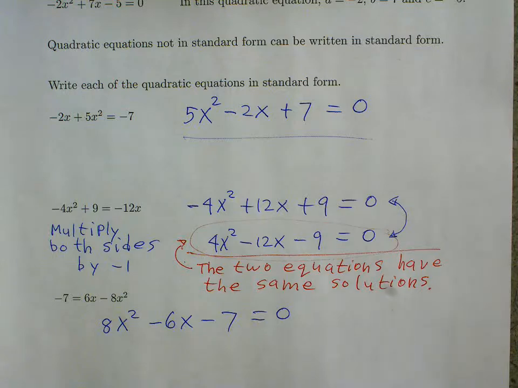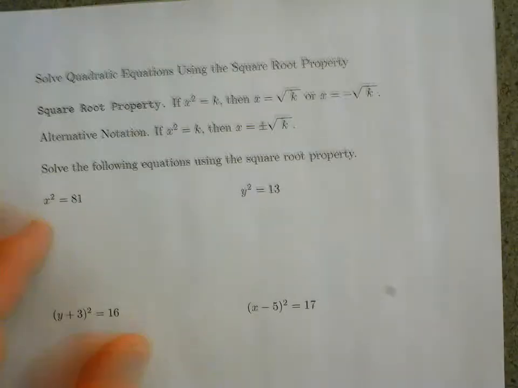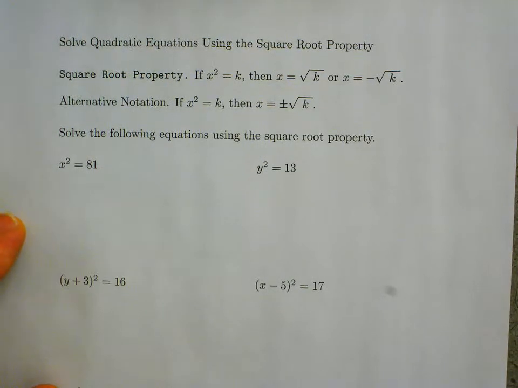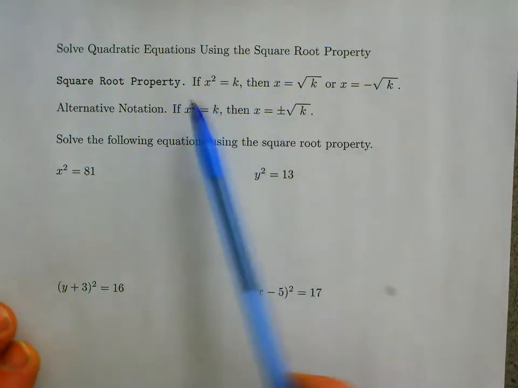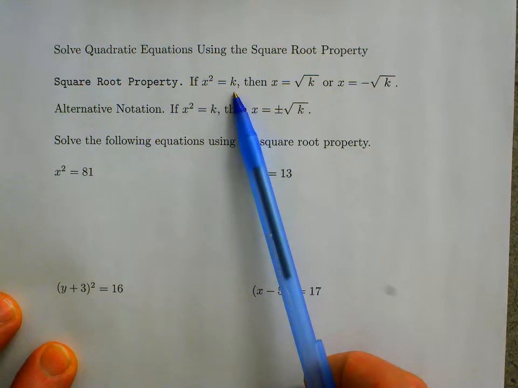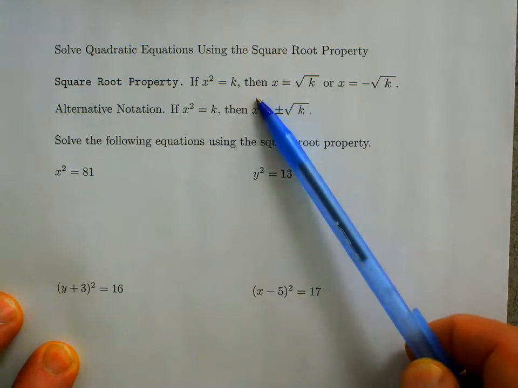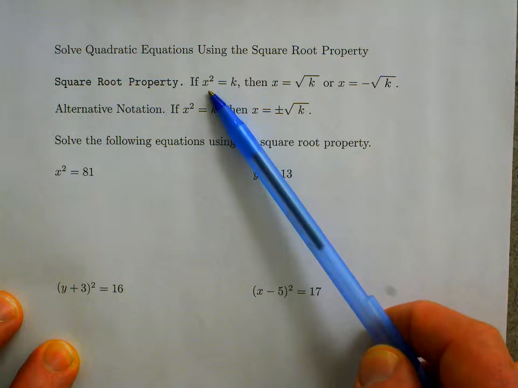Okay, on the next page, we'll look at the square root property. Okay, the square root property. If x to the second equals k, where k just represents a number, then this equation has two solutions for x.